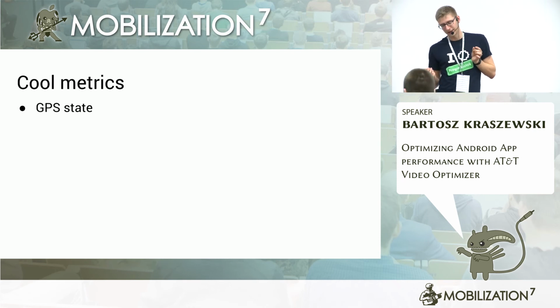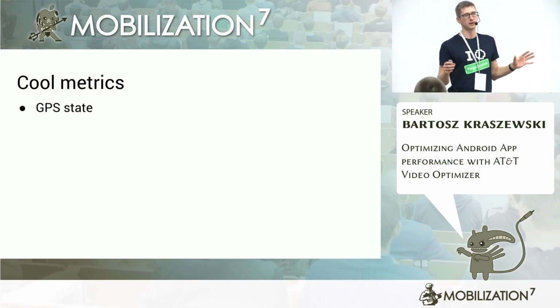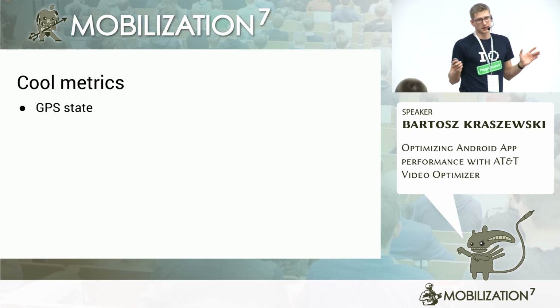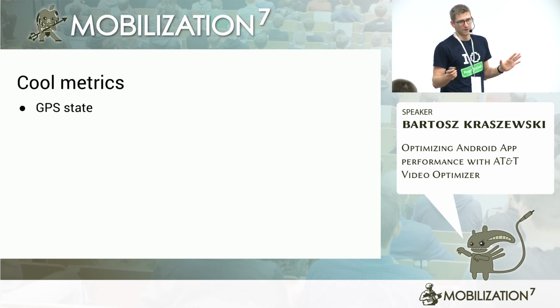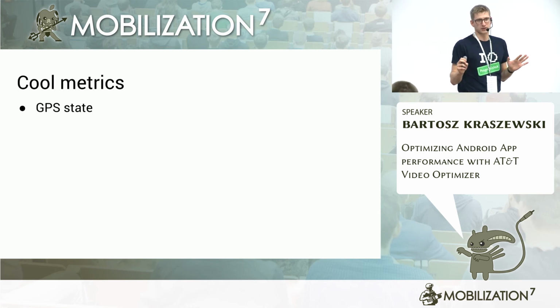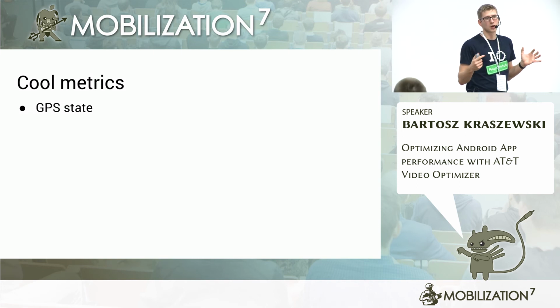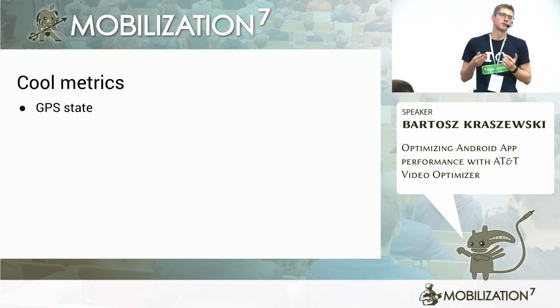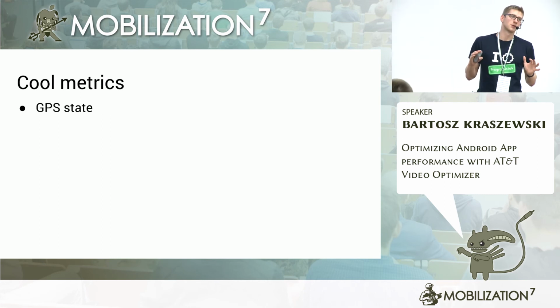That's a really cool idea because, for example, if you are in a big concrete building, there's a huge chance that GPS won't work there, and you will see on a graph what the state was. If it's trying very hard to connect, it's also using a lot of energy, but we can save this energy. So you can check that if I got no success with the GPS connection, maybe I'm not in the best place to use it, so let's defer it for later.